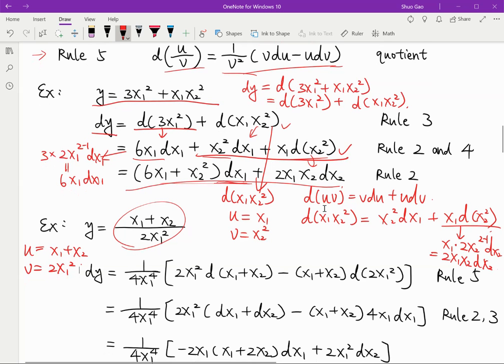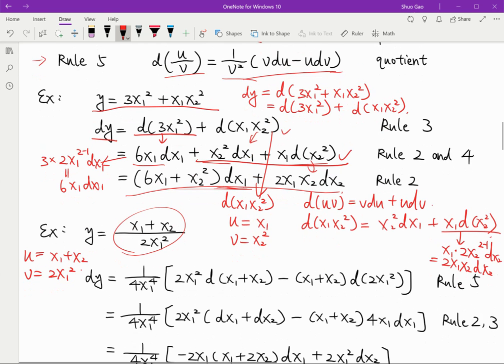So by the quotient rule, dy should be equal to 1 over v squared times v du minus u dv, right? So v is this function, 2 x1 squared, so the square of v should be 4 x1 to the 4th.